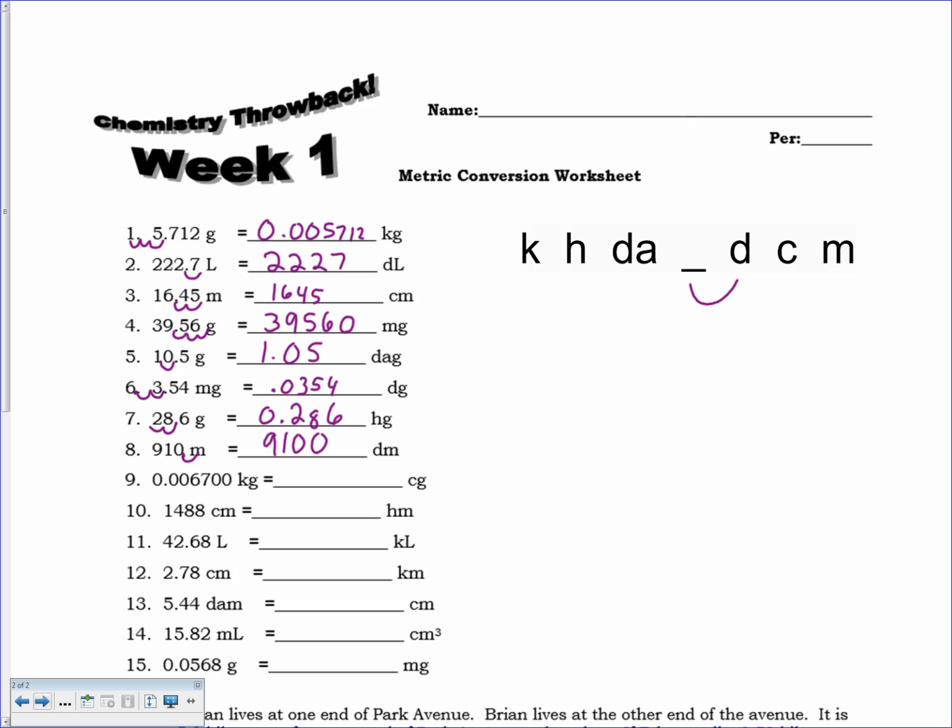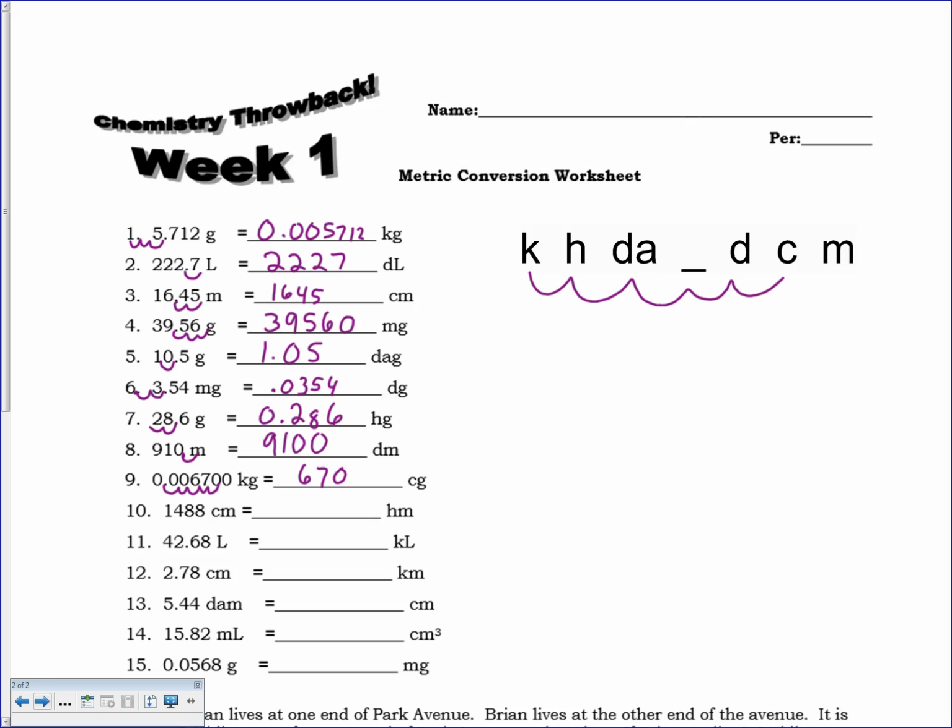Kilograms to centigrams. Okay, so we're starting with K, we're moving to C. That's 1, 2, 3, 4, 5 spots over to the right. So we're going to do the same thing with our decimal point. 1, 2, 3, 4, 5. You get 670 centigrams. All right, I'll just do one more and then I'll skip to the end.